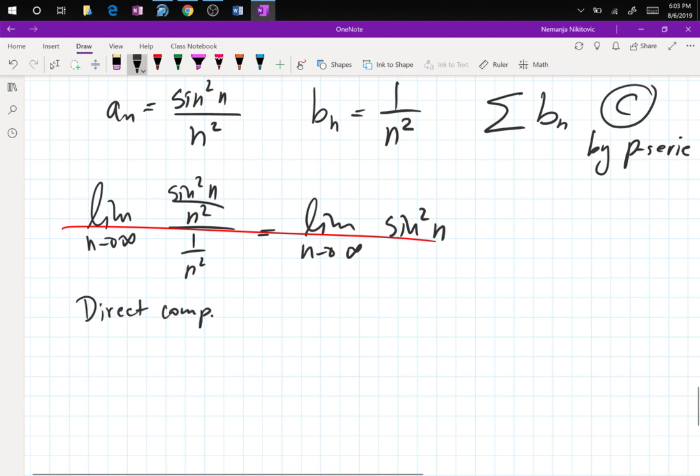So this is one of those rare situations when you must use the direct comparison test. As I said, 99% of the time you can use limit, and then some problems, just to be annoying, you get to use this one. So we need to show, remember, an needs to be trapped by bn for convergence, so an less than bn.